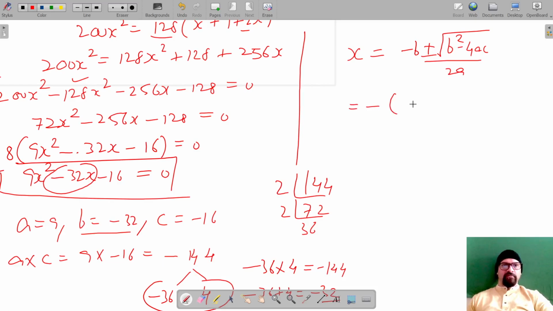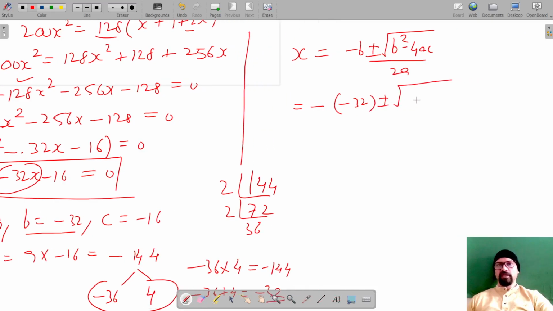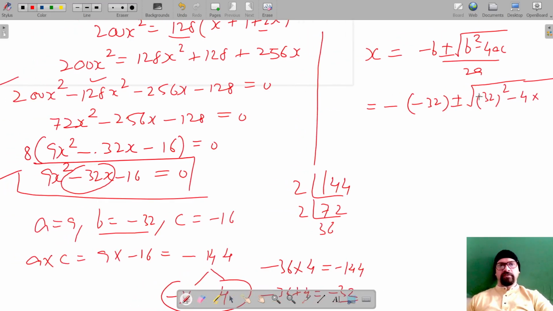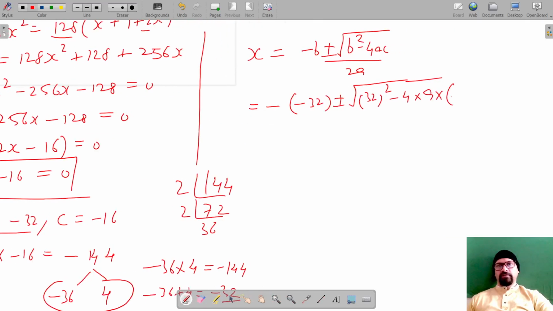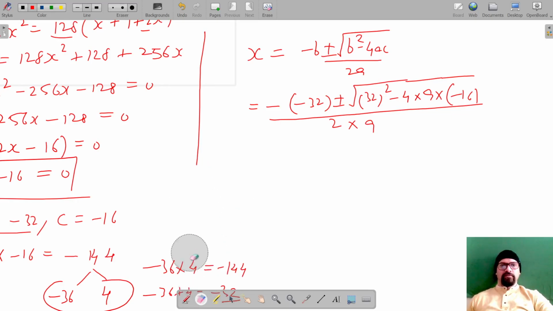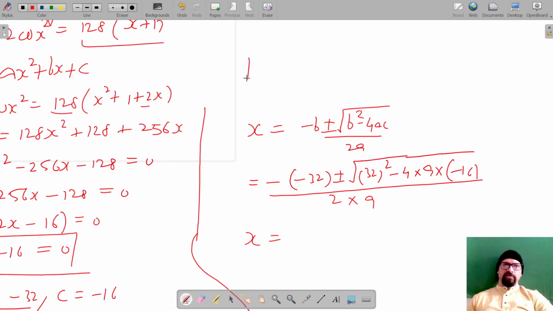Minus of minus b is minus 32, plus minus root of b square, that is 32 square, minus 4 into A, A is 9, and C is minus 16, upon 2 into A.